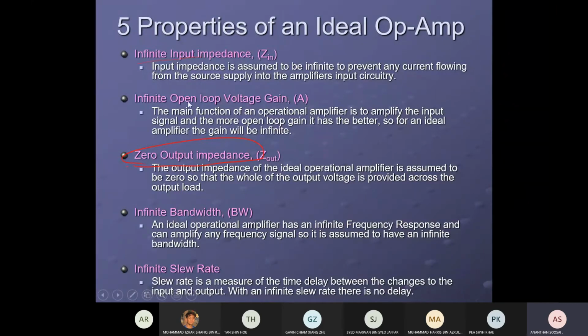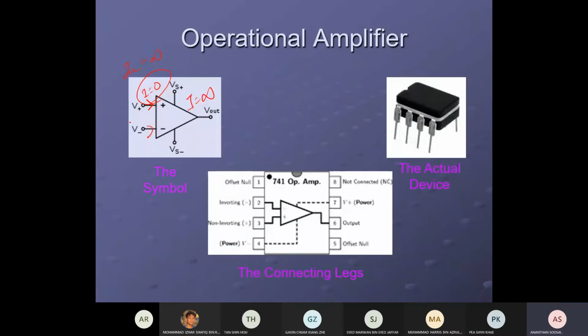Then let's go to the other three. The third one is infinite open loop gain. What is gain? Gain is output over input. Let's say you give an input of 2 volts and you get an output of 10 volts.